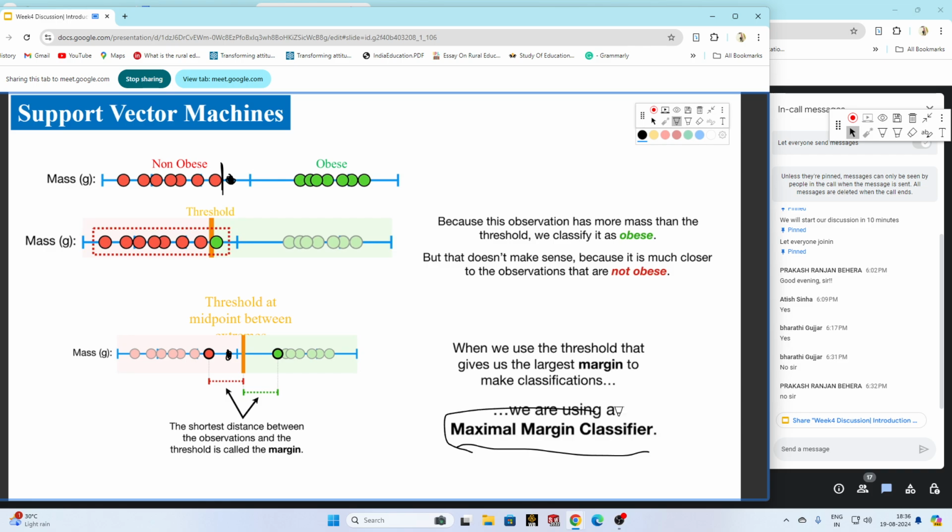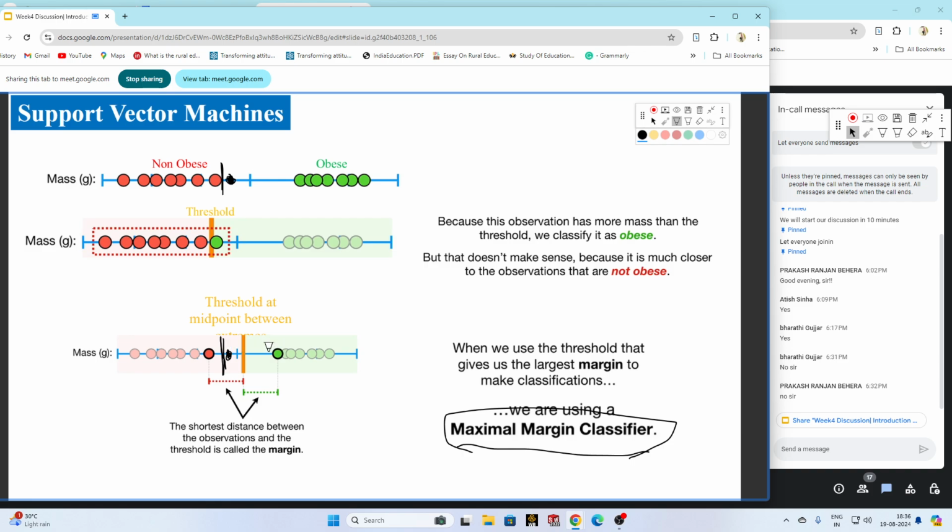When we are talking about the maximal margin classifier, there is another term called margin. What is the margin? Margin is the distance between your threshold and your extreme point. If the threshold is somewhere off to one side, then this margin will be smallest, but the other margin will increase.